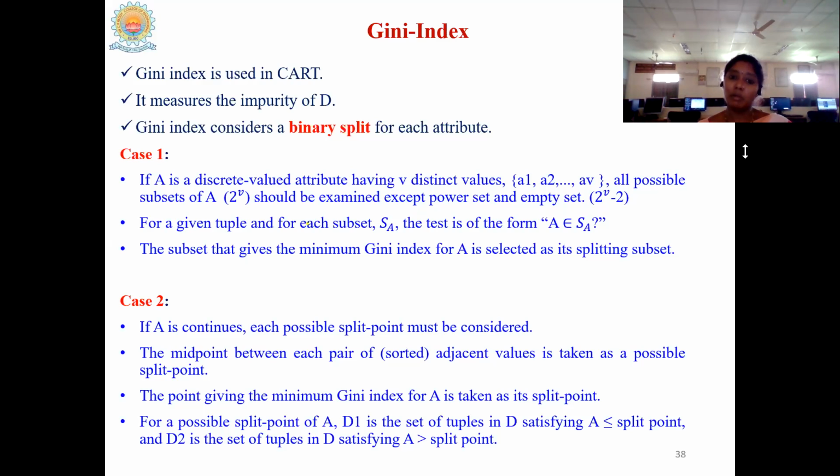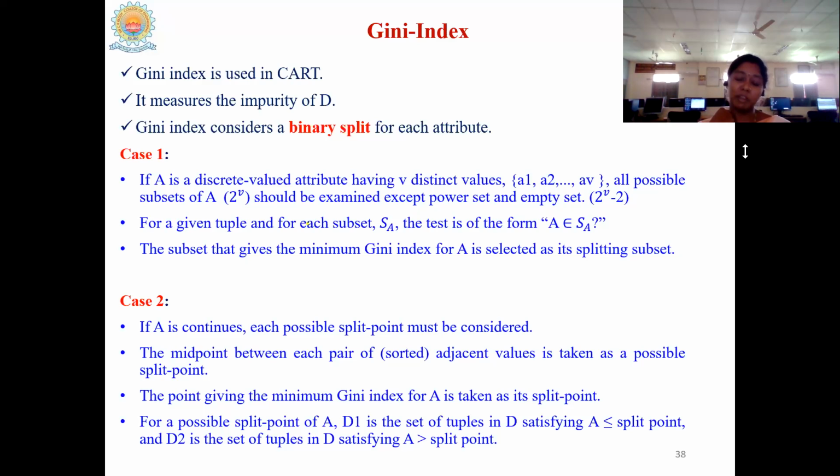Similarly, in the previous case also, if you consider the information measure, the attribute which is having the... so if you consider the split point, in case of information gain, the attribute which is having the minimum entropy is selected.